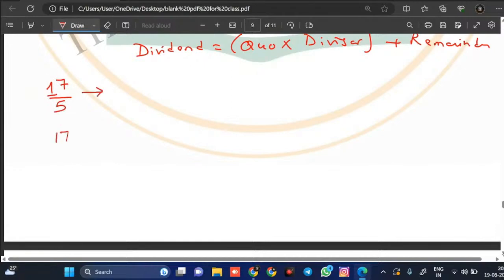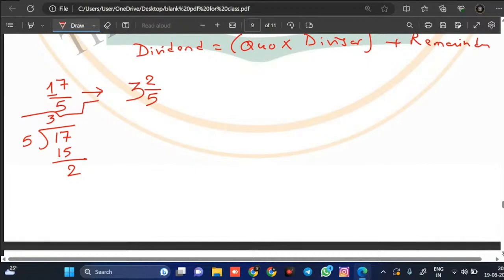It is very easy. 17 divided by 5: 5 threes are 15, 17 minus 15 is 2. So my answer will be 3 complete and remainder 2 upon 5.